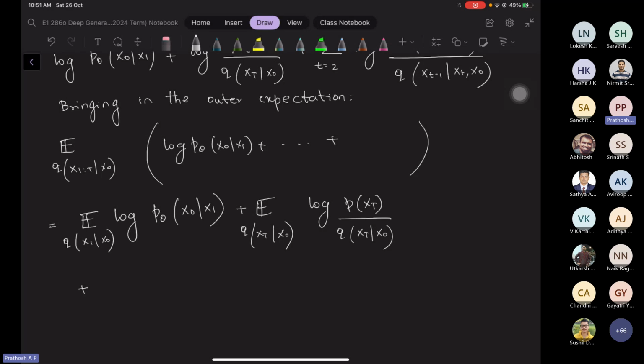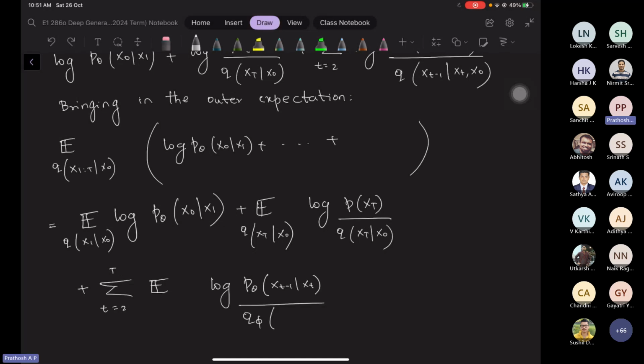Let us write it that way. Take the expectation inside the sum because it is linear, from t equal to 2 to T. Expectation of log of p theta xt minus 1 given xt divided by q of xt minus 1 given xt and x naught.